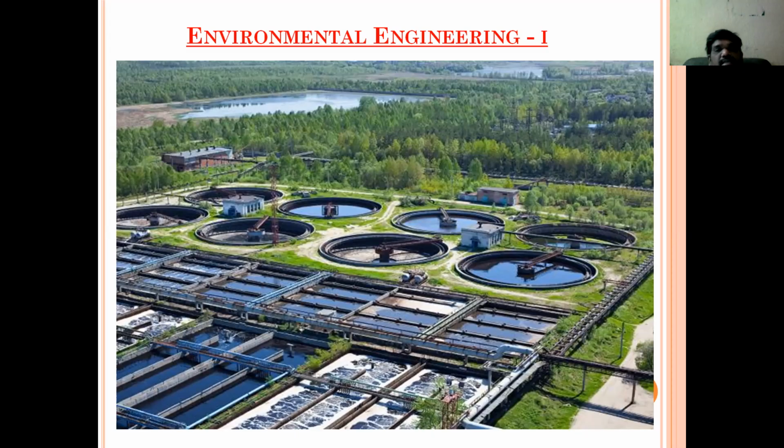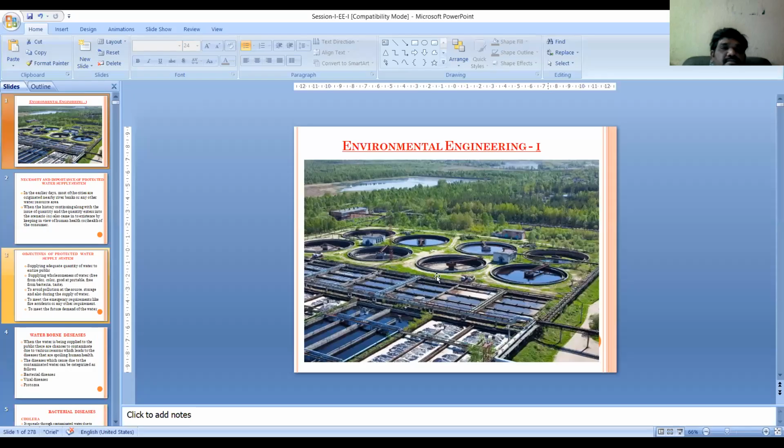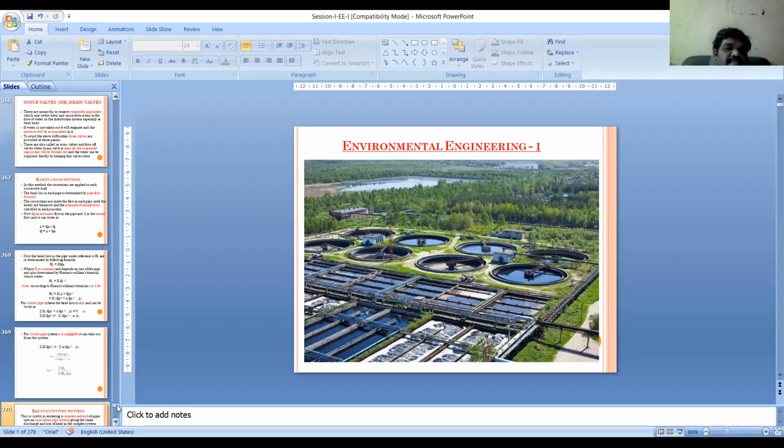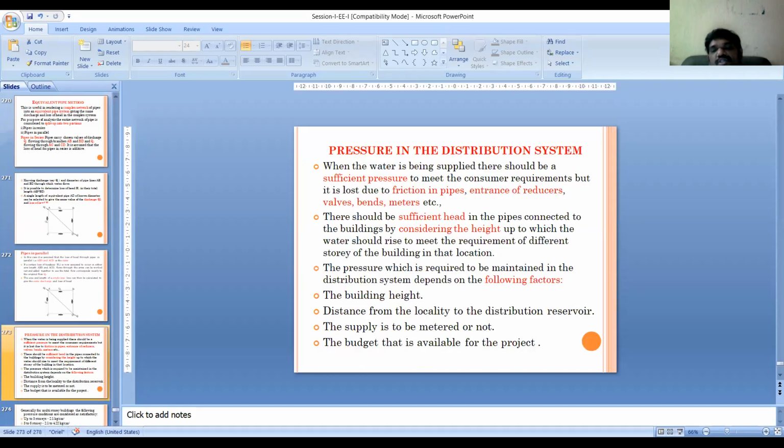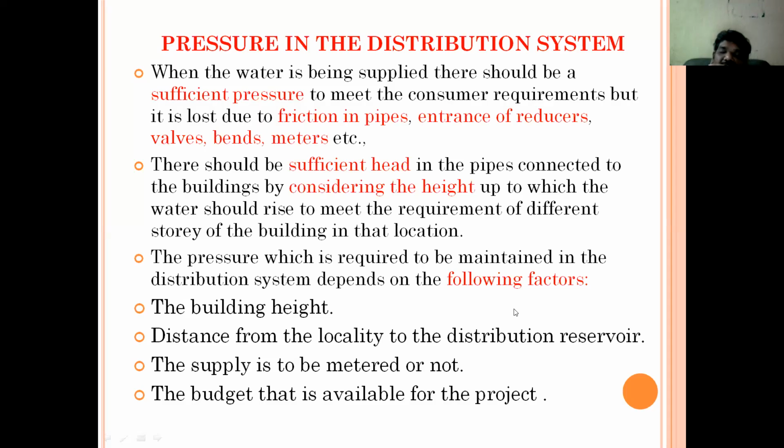Today we are going to discuss the topic as a continuation of the previous session. That is pressure in the distribution system we are discussing. Why does the pressure have to be maintained?